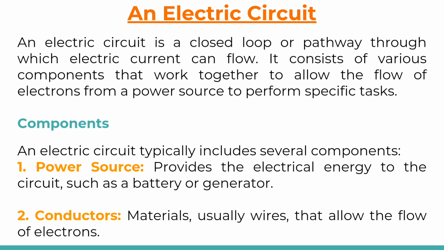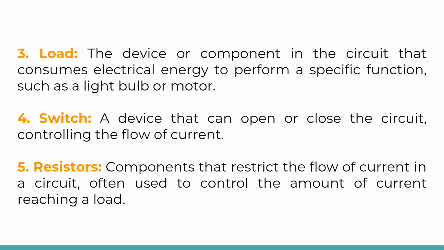Components. An electric circuit typically includes several components. Power source: provides the electrical energy to the circuit, such as a battery or generator. Conductors: materials, usually wires, that allow the flow of electrons. Load: the device or component in the circuit that consumes electrical energy to perform a specific function, such as a light bulb or motor.